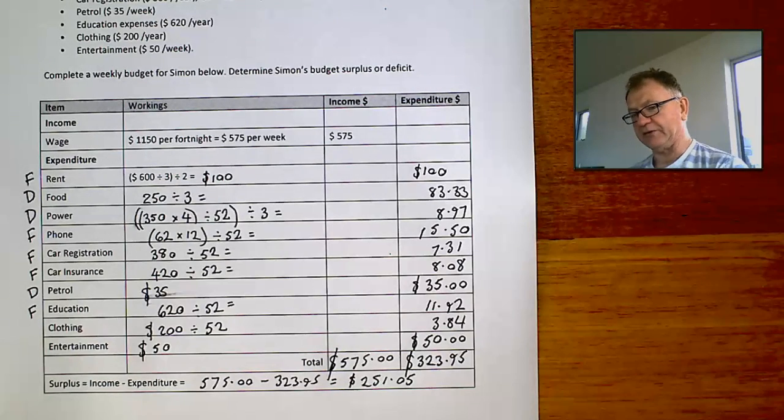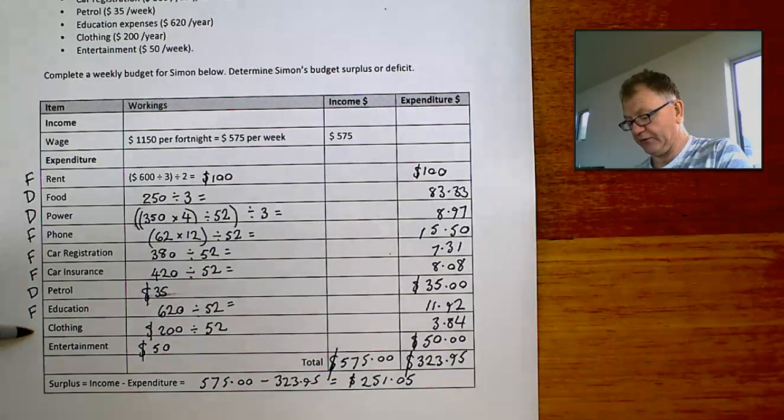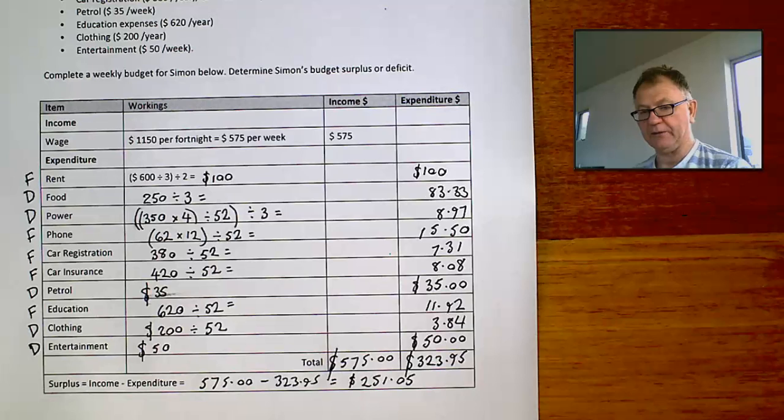Clothing would be discretionary. You can spend more or less on it. I would suggest spending $200 a year is a very small amount in any case, but it's still a discretionary item, as is entertainment. You could spend more or less on that if you wished. We'll finish that one there.